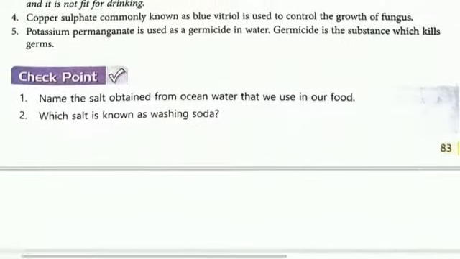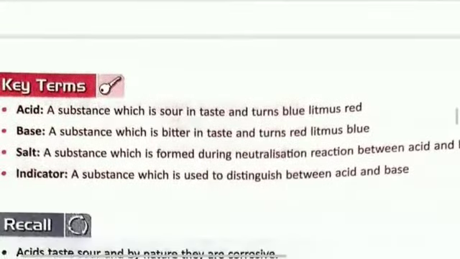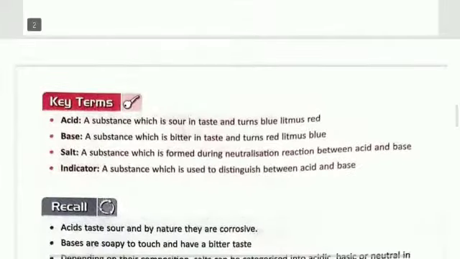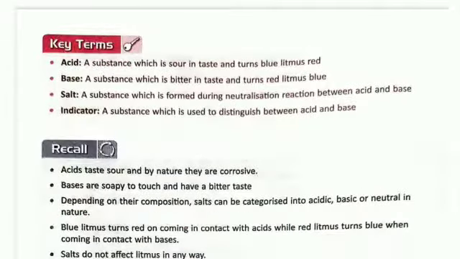Now, some key terms, means definitions. Acid, a substance which is sour in taste and turns blue litmus red. Base, a substance which is bitter in taste and turns red litmus blue, BRB, or in case of acid, ABR.